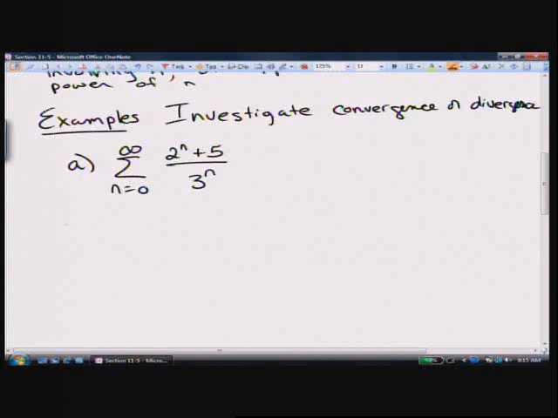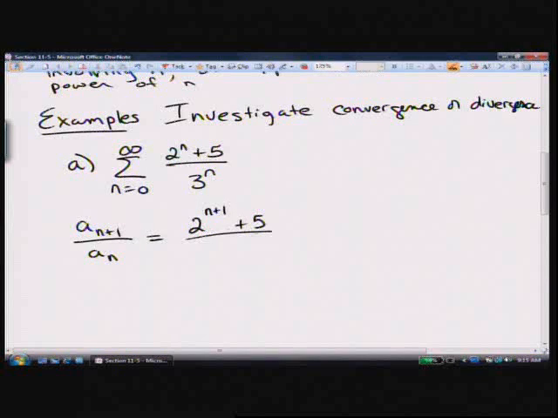But I will go ahead and look at a_{n+1} over a_n. What that means is you're going to put n plus 1 in for your exponent. So this is going to be 2 to the n plus 1 plus 5 over 3 to the n plus 1, and that's all over 2 to the n plus 5 over 3 to the n.